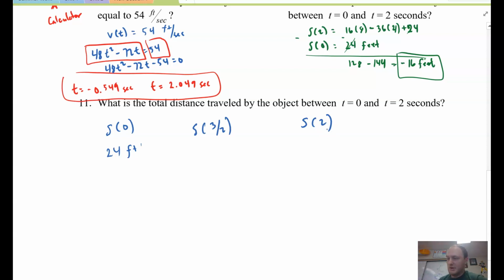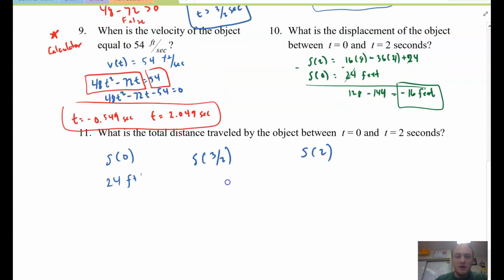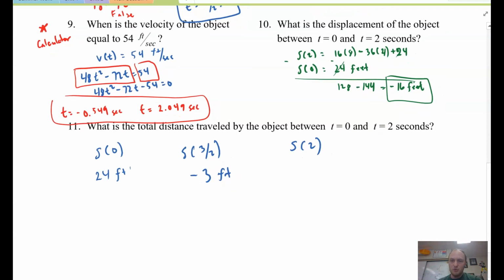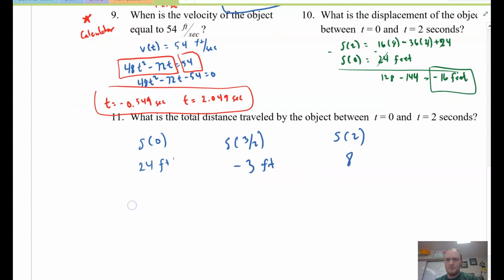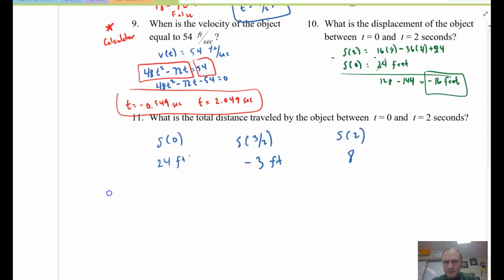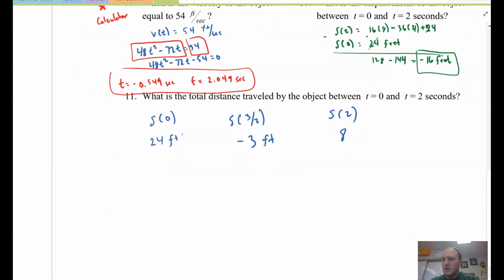Okay, so I plug in 3.5 into our function, and we get negative 3. Okay, so negative 3 feet. And then I plug in 2 into our function, and we know that this is 8. Okay.